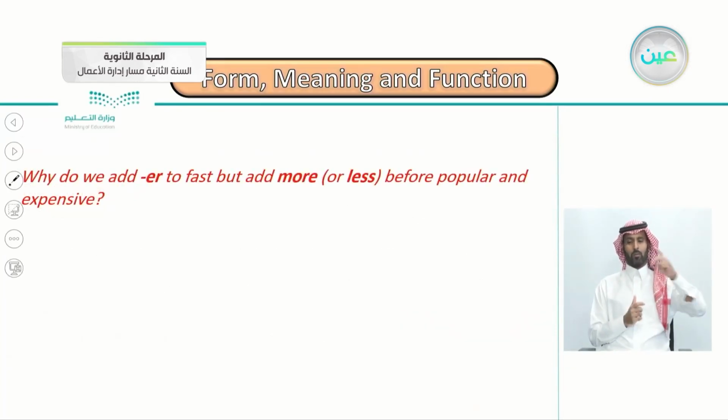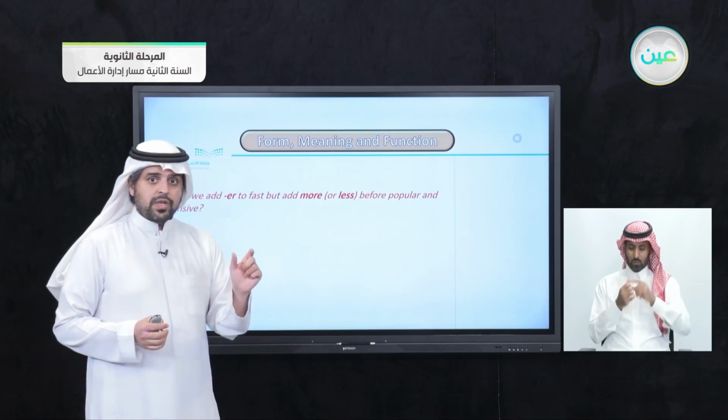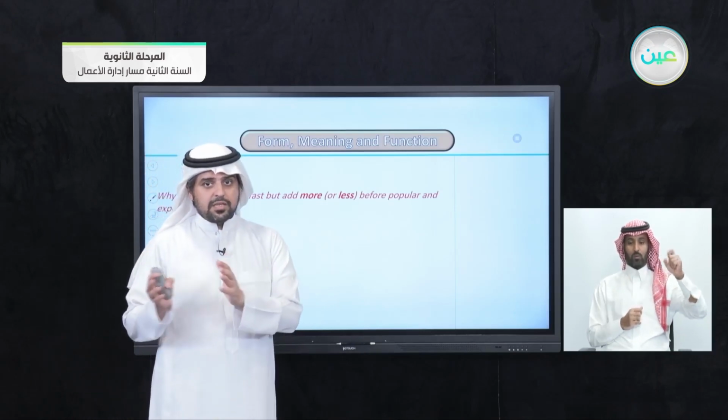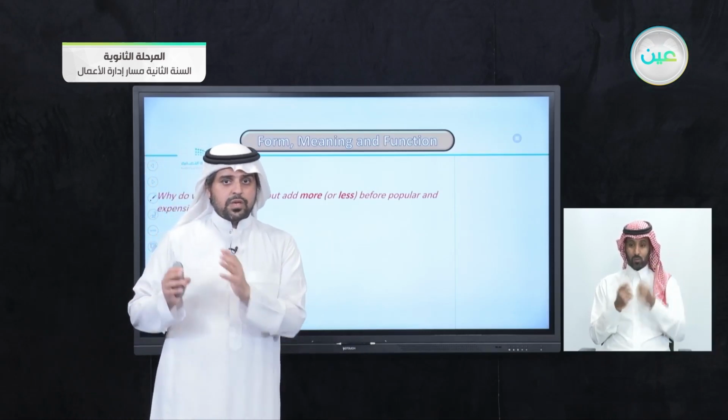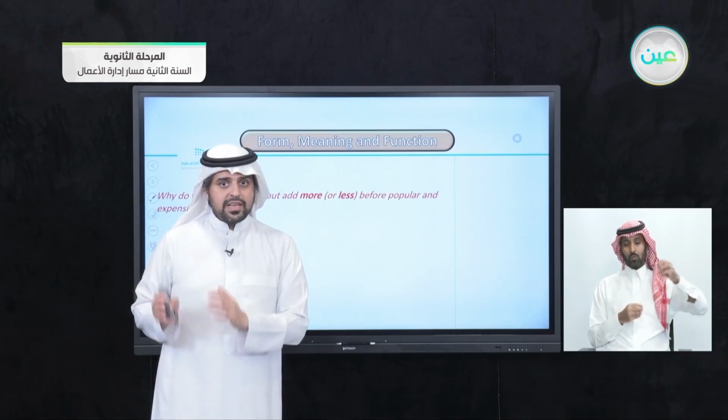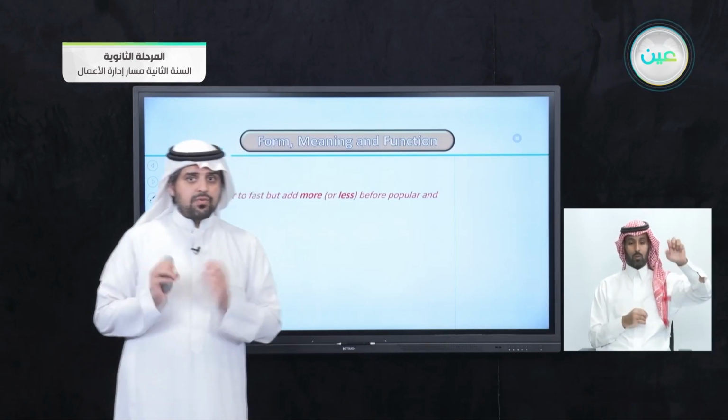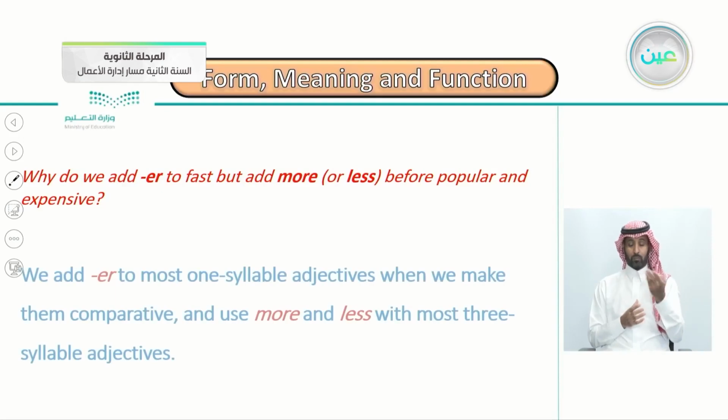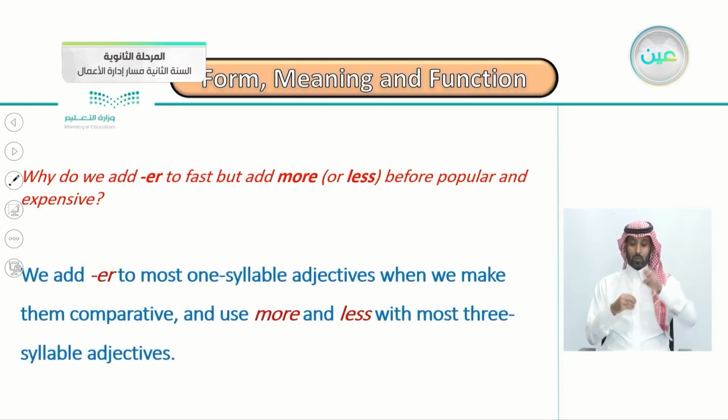Why do we add er to fast? To the adjective fast, but we say more or less before popular and expensive. When we were talking about the adjective fast, we added er. But when we said popular and expensive, we added more or less. Why do we do that? So let's answer here. We add er to most one-syllable adjectives.